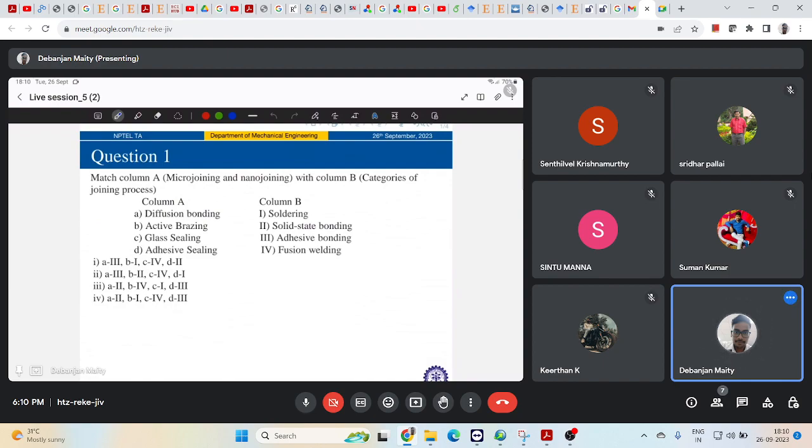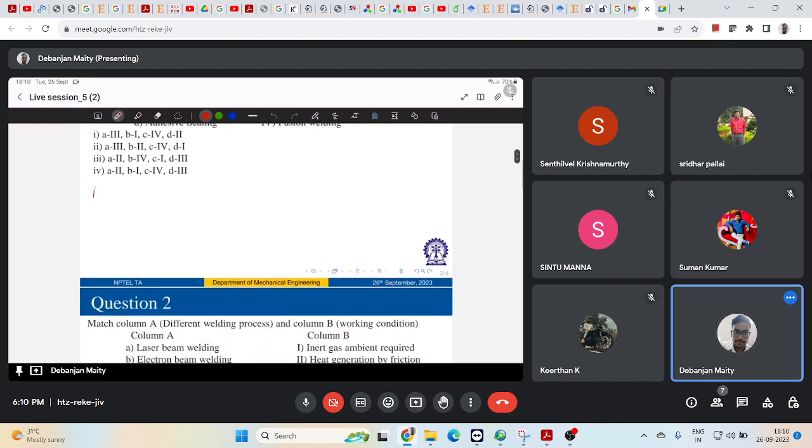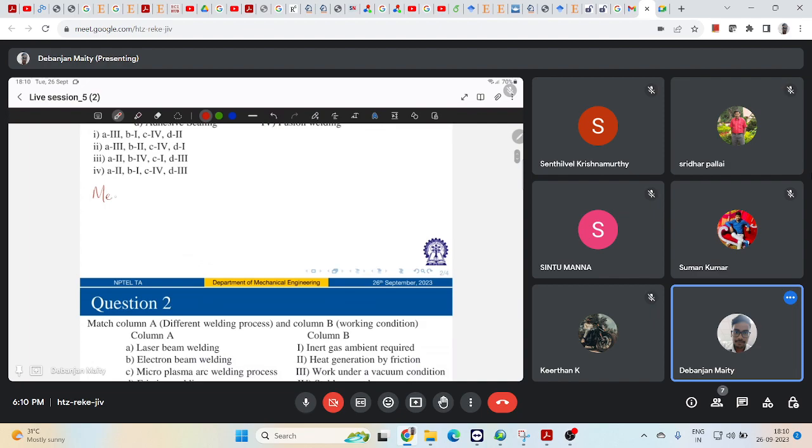And then, in terms of the mechanism of micro joining techniques, what do you have?